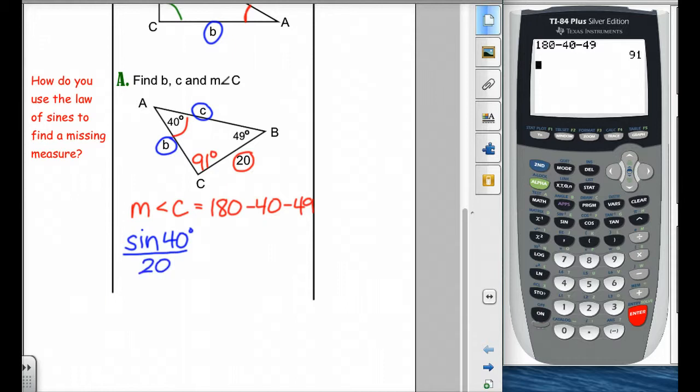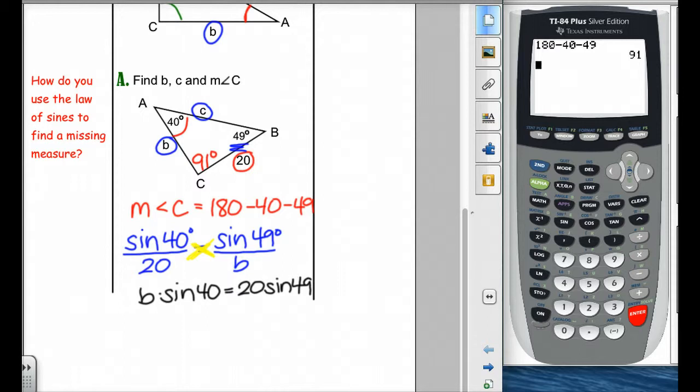I'm going to start out by finding B, since angle B was given to us, and that's equal to the sine of 49 degrees over B. Now we have a proportion, and we can cross multiply, which gives us B times the sine of 40 equal to 20 times the sine of 49.